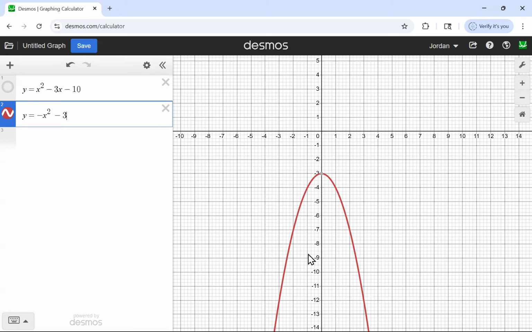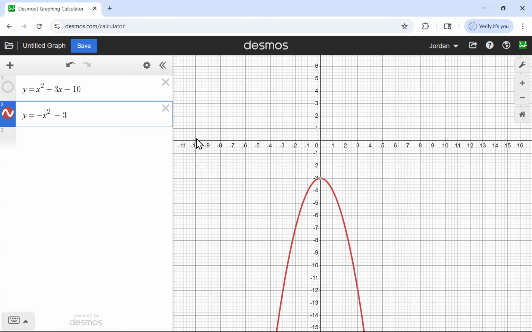We can see that this graph hits the y-axis at the point (0, -3). So that's the y-intercept. But this graph never gets high enough to touch the x-axis. So this is one of those examples where we have a y-intercept, but we do not have any x-intercepts.